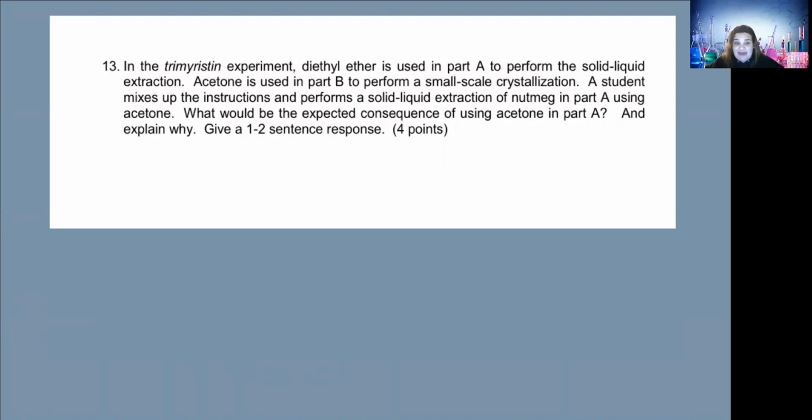That's the purpose of the acetone. So what we can say here is either none or very little trimyristin will be extracted from nutmeg.